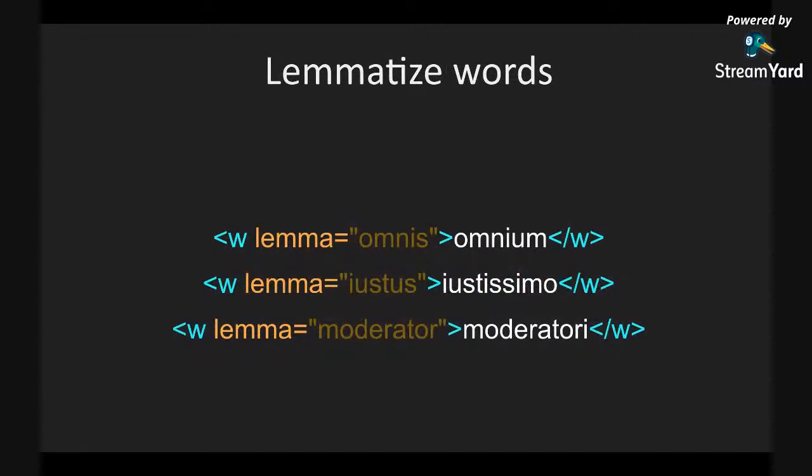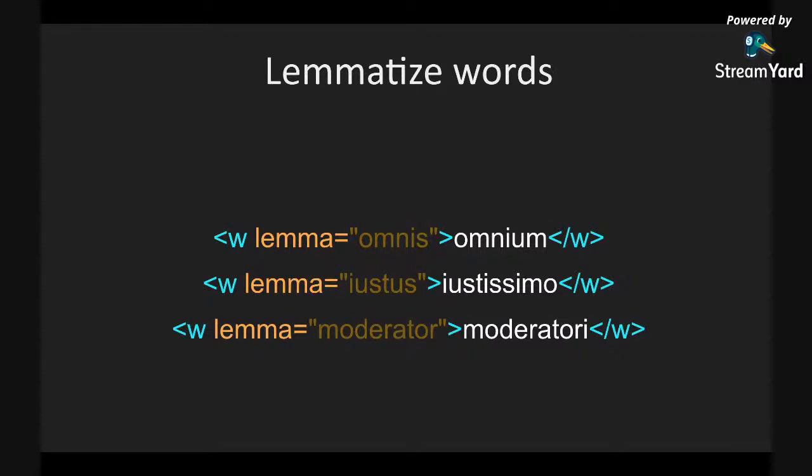The most obvious one, which we can use to help with indexing, is the lemma attribute, and we can use the lemma attribute to put in the nominative singular or first person singular, present, active, indicative, etc. form of a word, which would be the dictionary head word, in order to generate the index from that, as shown in this slide.